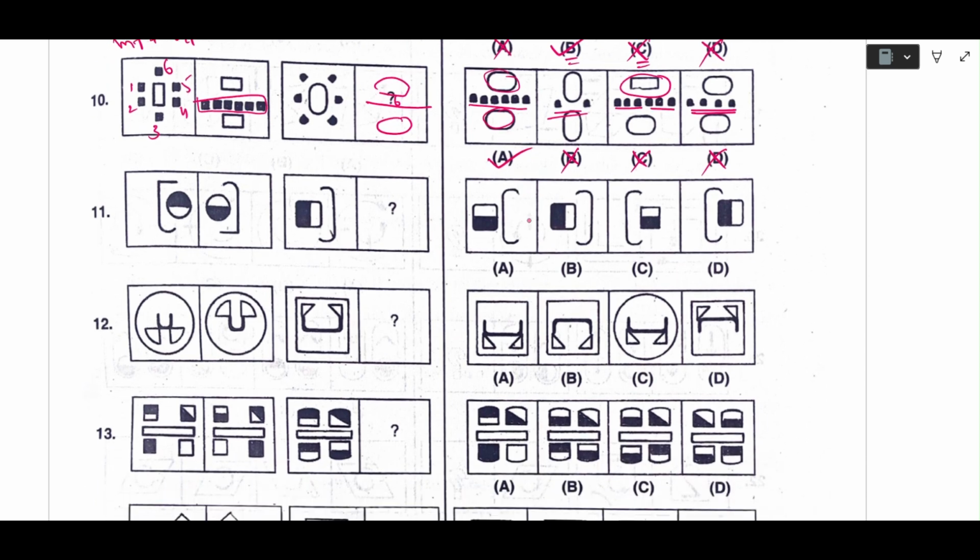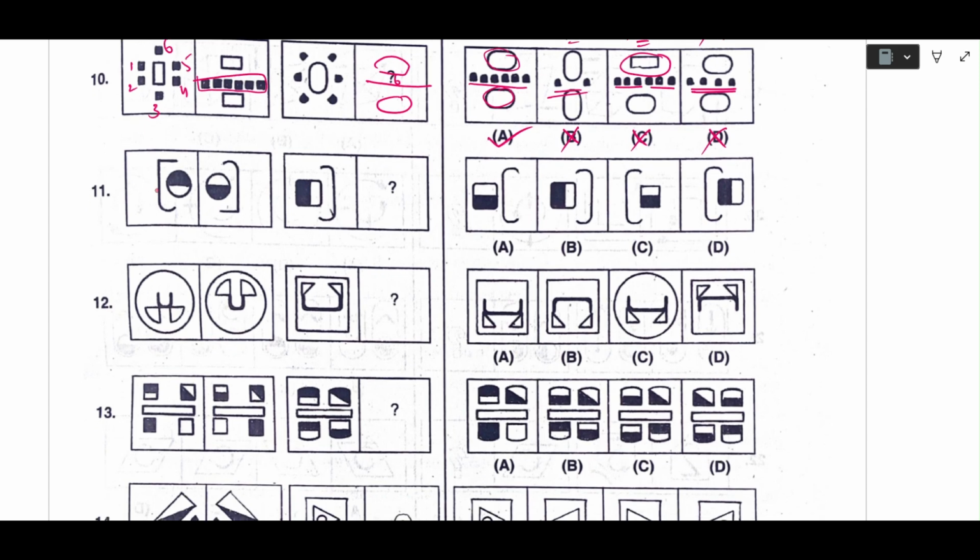And the next one is the 11th problem. Here we have two symbols. One is this symbol, and how did it change? This symbol changed from upside to down, right? It just changed from upside to down, and the internal circle also changed from upside to downside.